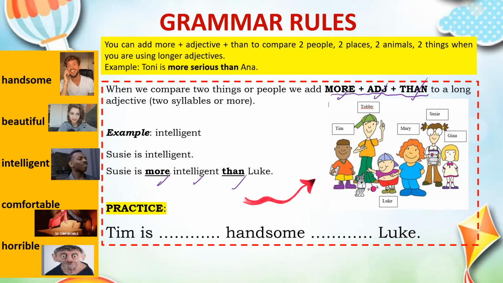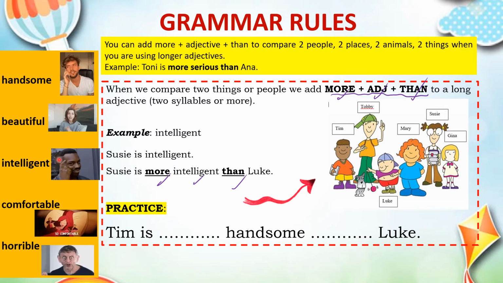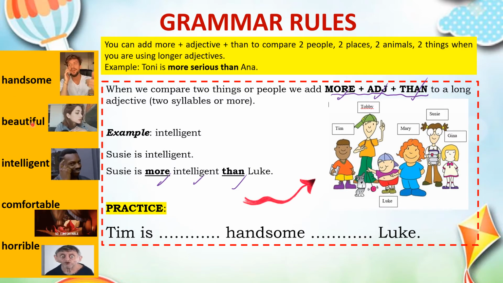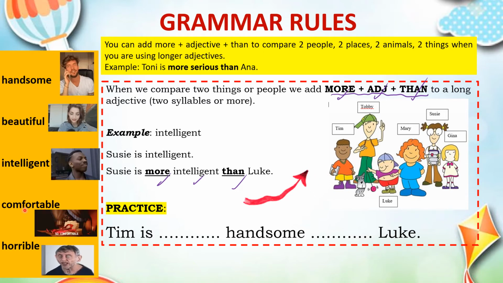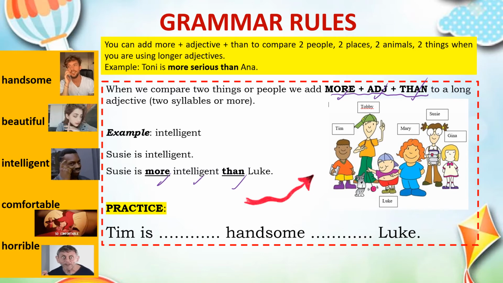And over here you have other examples of long adjectives. Handsome, as you can see in the picture, handsome means guapo. Beautiful means bonita. Intelligent, that's the same in Spanish. Comfortable, cómodo. Horrible is the same as in Spanish.